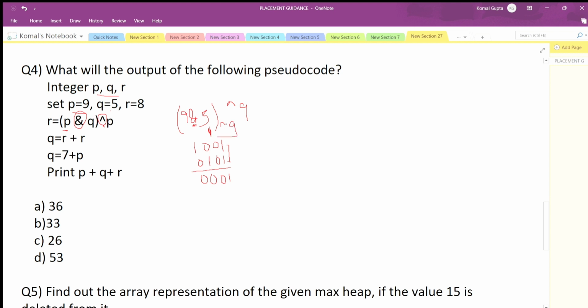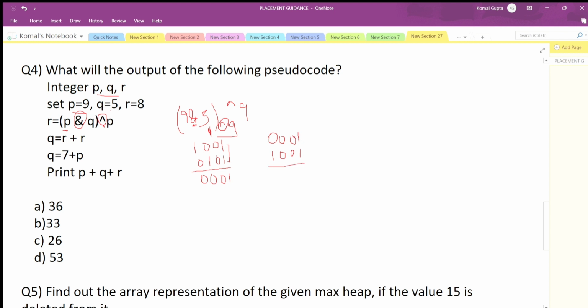Again, for finding the XOR, first we have to change this to its binary equivalent. The binary equivalent for 1 is 1 only, and for 9 it is 1 0 0 1. So here we will put 0 0 and 0. Now what does this XOR say?